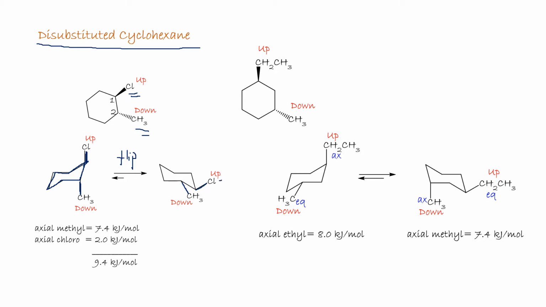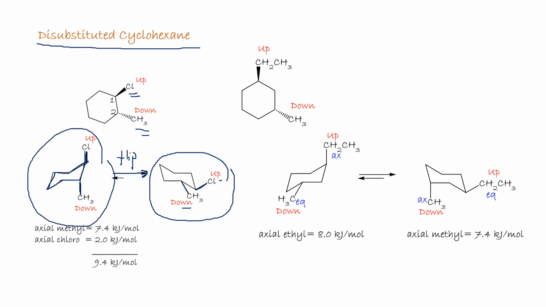This is equatorial and that is equatorial. Of course, this one will be more stable and the equilibrium will be shifting to that conformer. The diaxial one is higher in energy by, of course, CH3 diaxial 7.4, and chlorine 1,3 diaxial, which is 2, a total of 9.4 kilojoule.